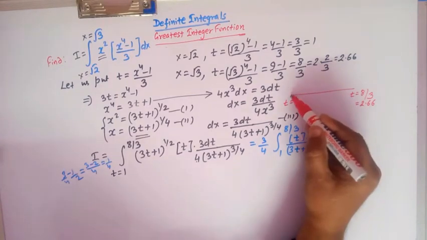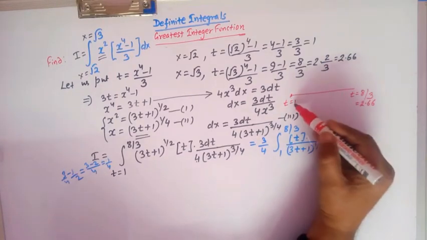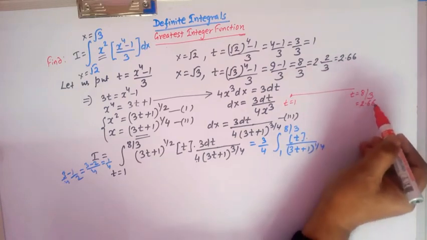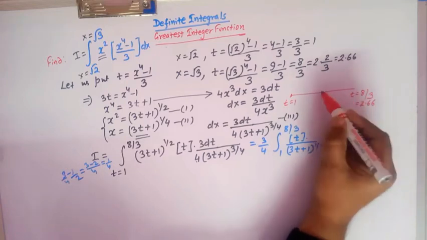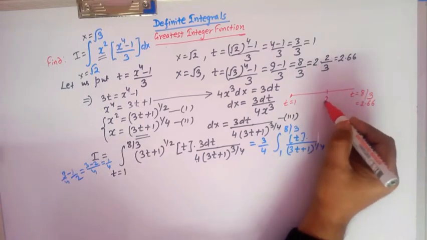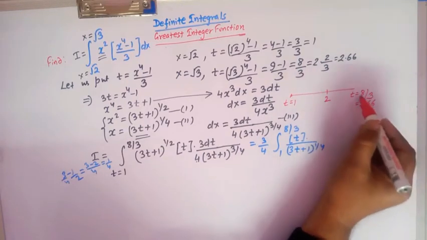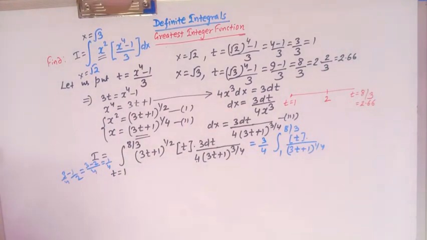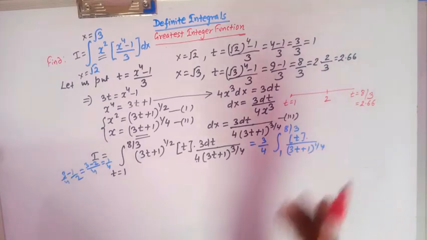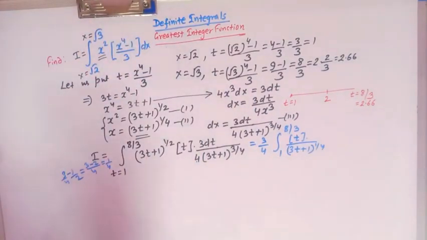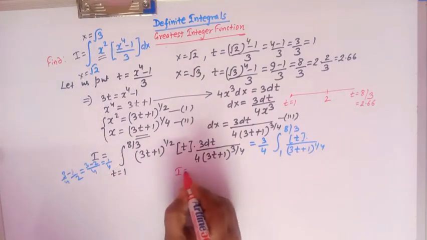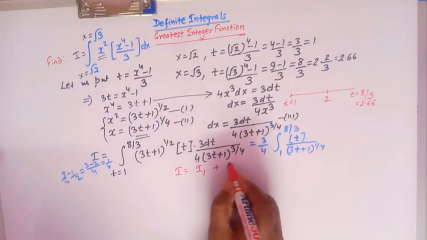And between 1 and 2.66 approximately we have the integer 2, right? So between 1 and 8/3 we have the integer 2. So what we will do is split this integral as a sum of two integrals, I1 plus I2.